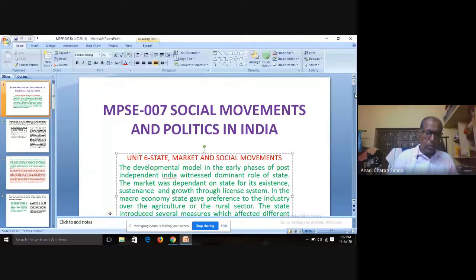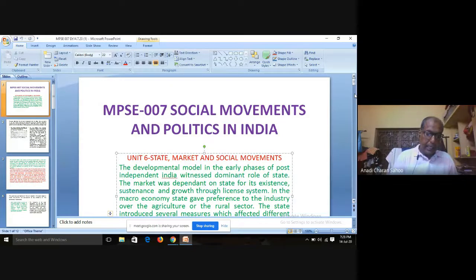As such, scholars, academicians studied the linkage of social movement with the changing nature and role of state and also of market.